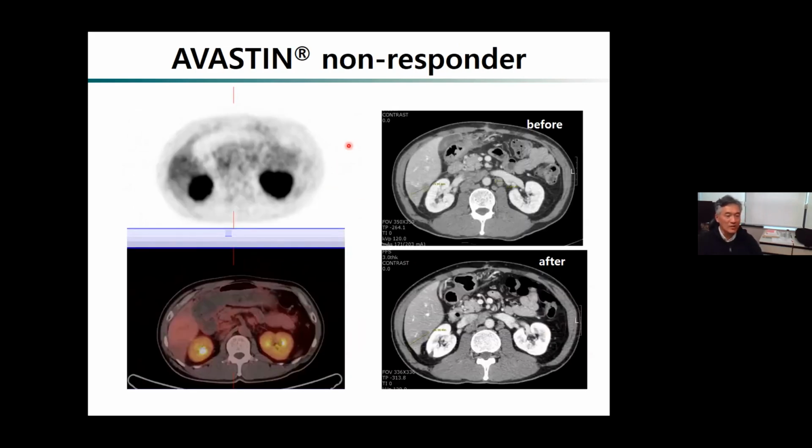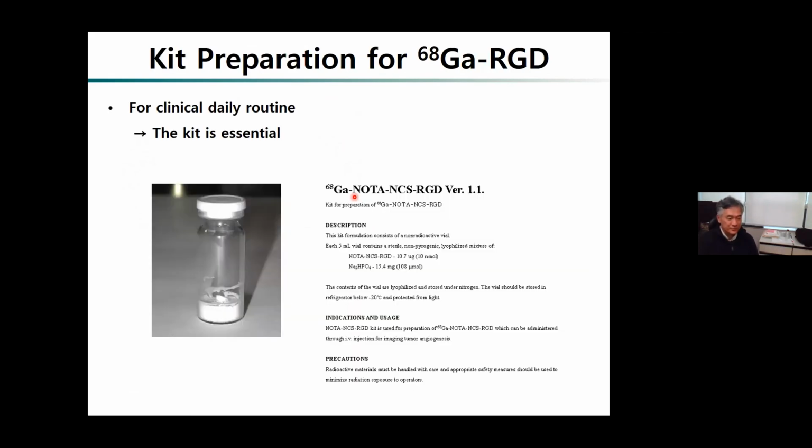In the control, the non-responder cannot show the gallium RGD image. So that's why we can divide into non-responder and responder before treatment of AVASTIN.